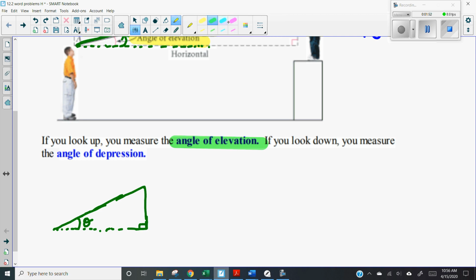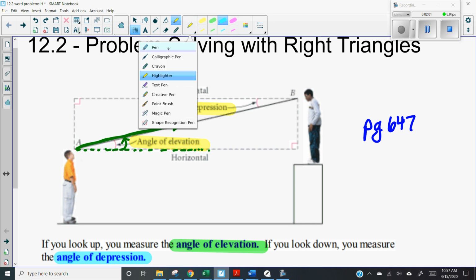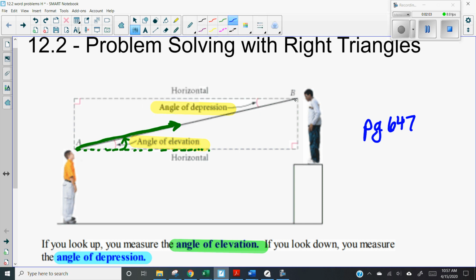The angle of depression, let's talk about that one. Very similar, but it's from a horizontal looking down. So if we go back here, now here's the horizontal line, at the line of where his eyeballs are, right straight across. But imagine again, little laser beams coming out of his eyes. This is where he's actually looking. This angle created right here is the angle of depression.